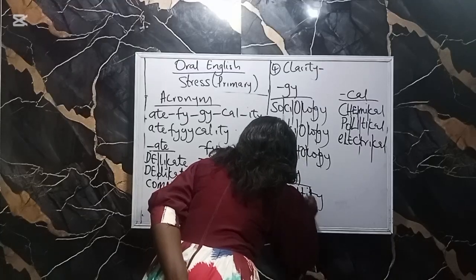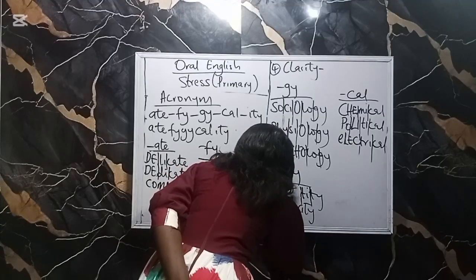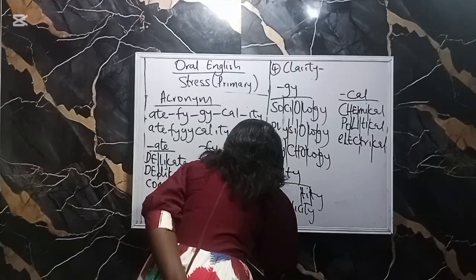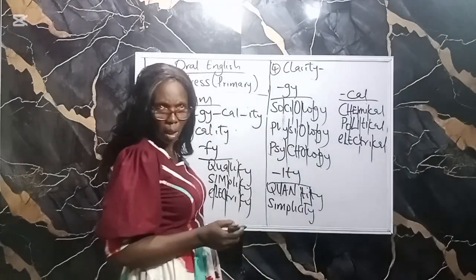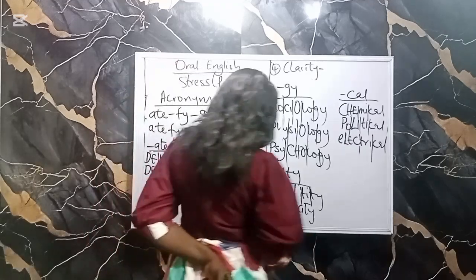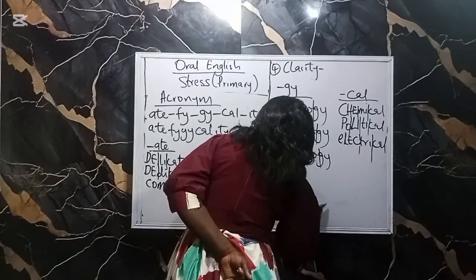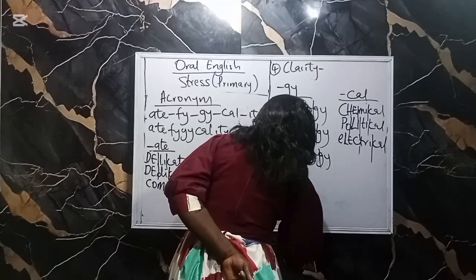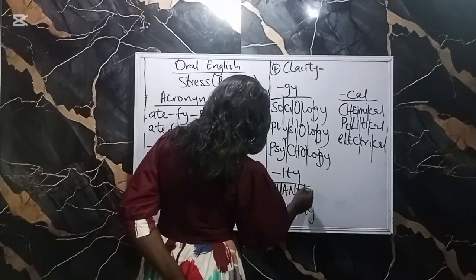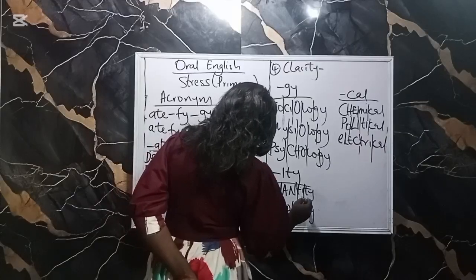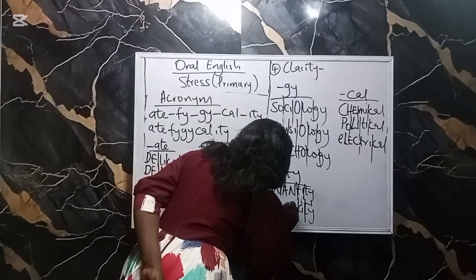The third syllable, 1, 2, okay, 3. Quantity. Then simplicity, we count 3. 1, 2, 3. 1, 2, 3. That means this is the one to stress.